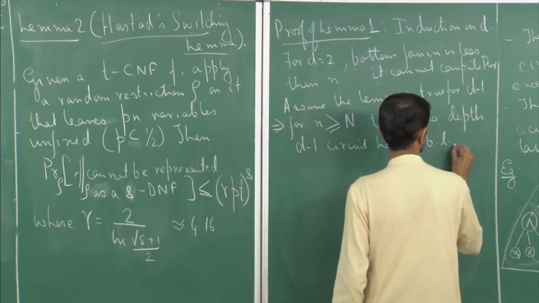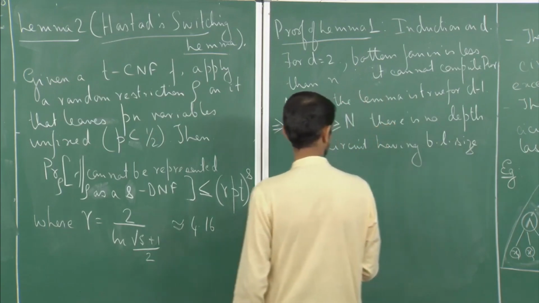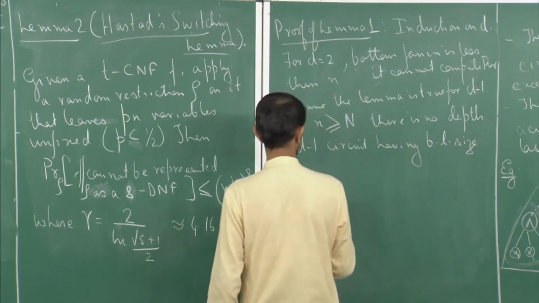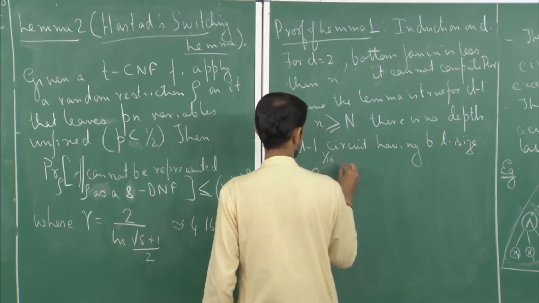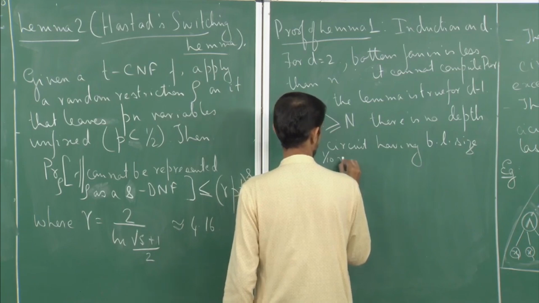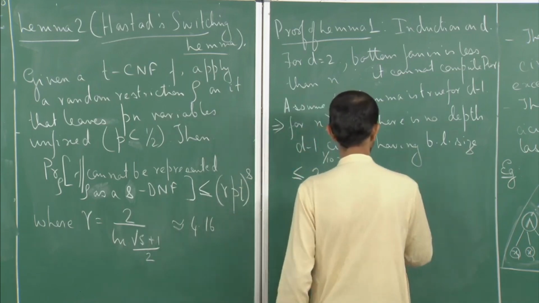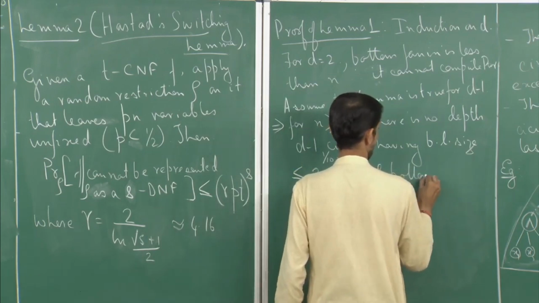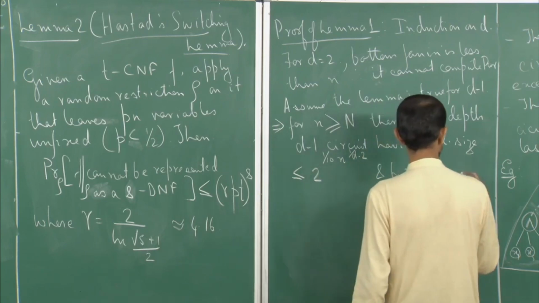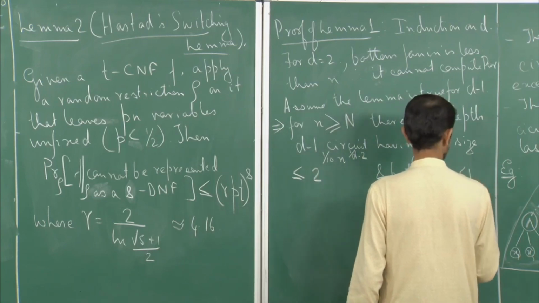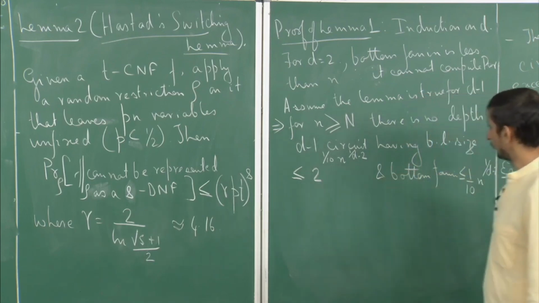but last size less than or equal to 2 to the power 1 over 10 n to the power 1 over D minus 2, and bottom fan-in less than or equal to 1/10 of n to the power 1 over D minus 2.